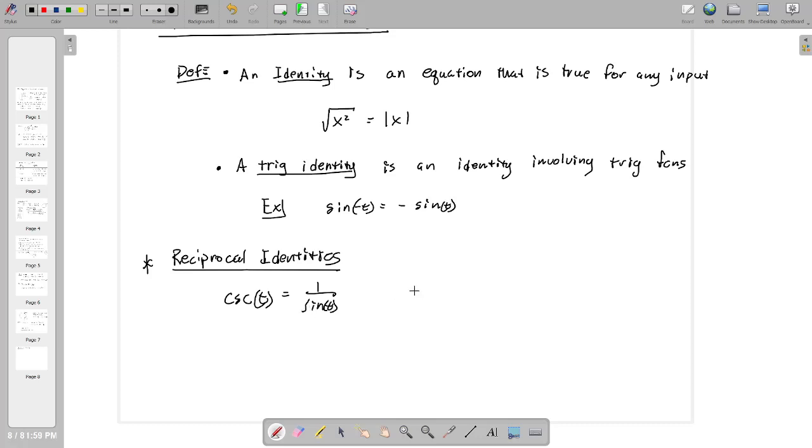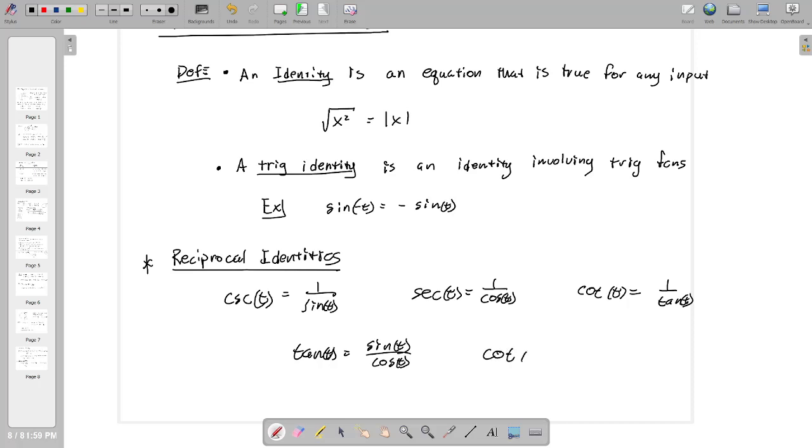So cosecant t equals 1 over sine t. Secant of t is equal to 1 over cosine t. Cotangent t is equal to 1 over tangent t. Now, of course, we also have that tangent t is equal to sine of t divided by cosine of t.